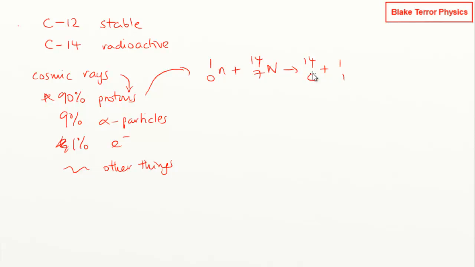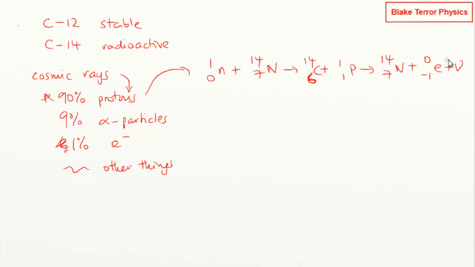Oh, that should be a 6. I've got my numbers and letters mixed up. So carbon-14 plus a proton. That carbon-14 can then decay back to nitrogen by kicking out an electron.